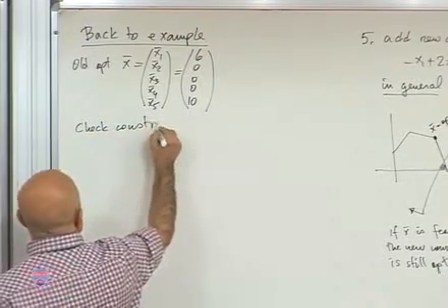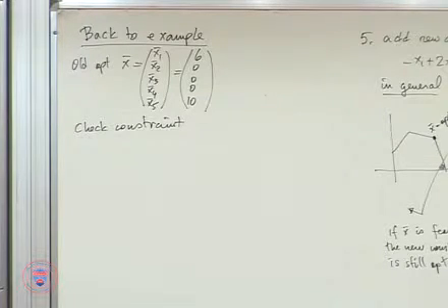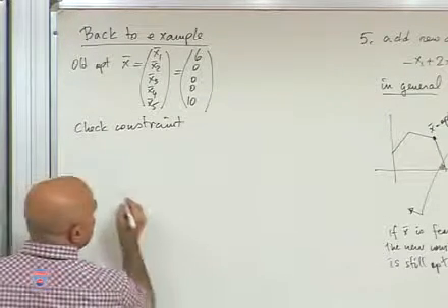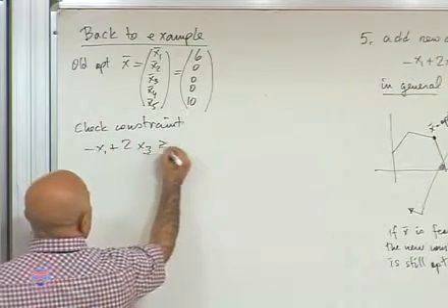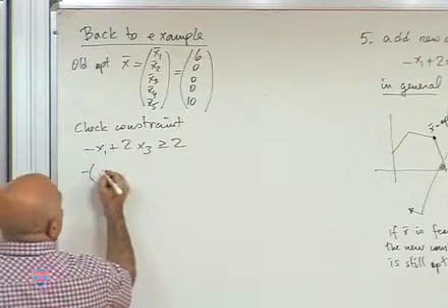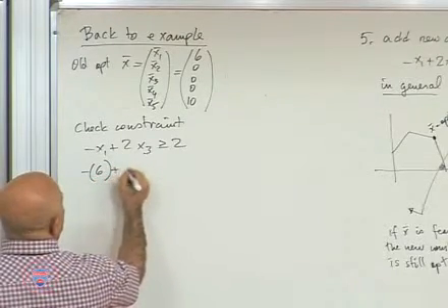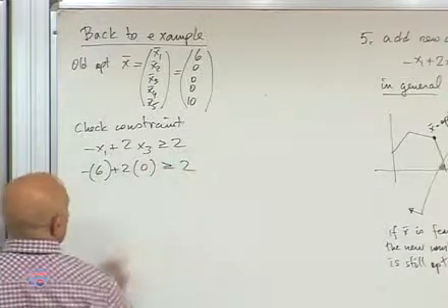Check to see if the old optimum solution satisfies the new constraint. The constraint is minus x1 plus 2x3 greater than or equal to 2. Well, x1 is 6, plus 2 times x3 is 0. And is this greater than or equal to 2?